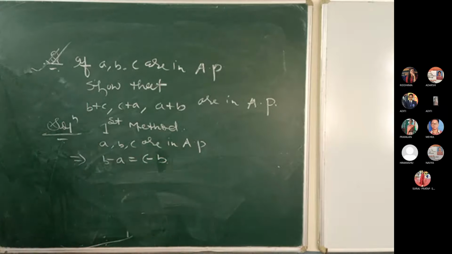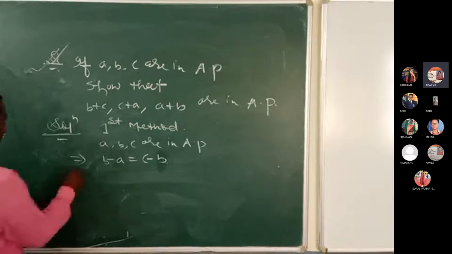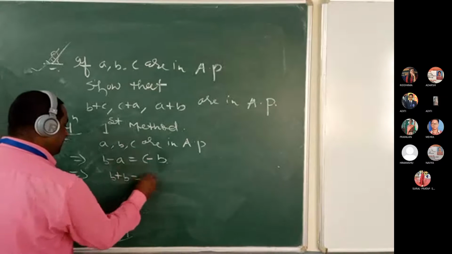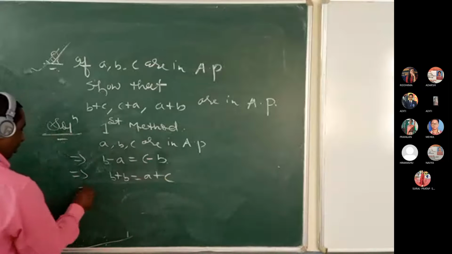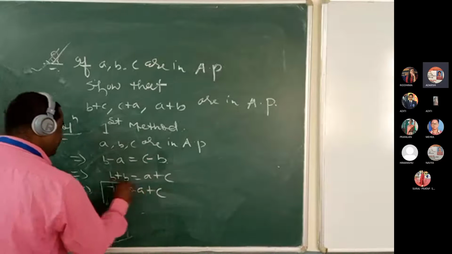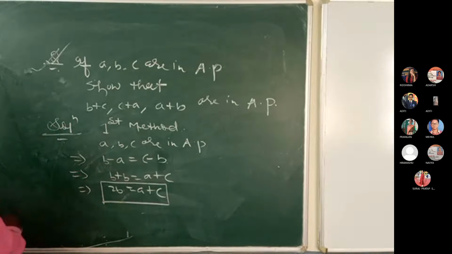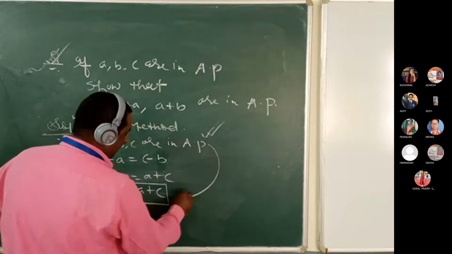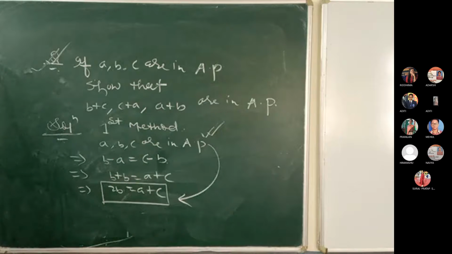Is that correct? Yes, sir. From here we can extract the information that B plus B is equal to A plus C, or 2B is equal to A plus C. So if A, B, C are in AP, its indirect result is 2B equals A plus C.